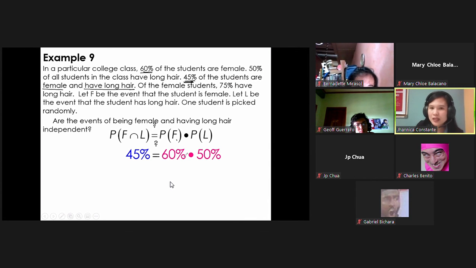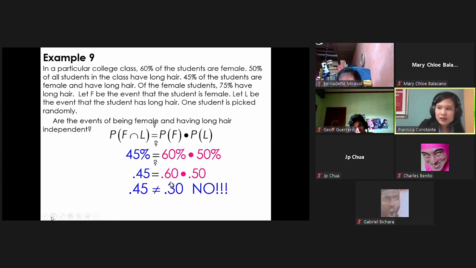So 60% times the percentage of long hair, which is 50%. So 45% equals 60% times 50%, which is equal to 0.30. So that means this problem is not an independent event.